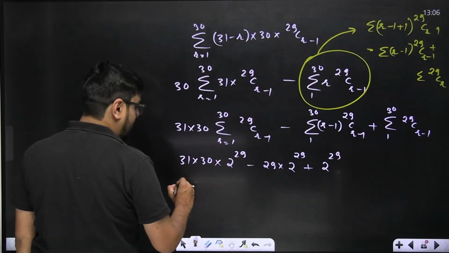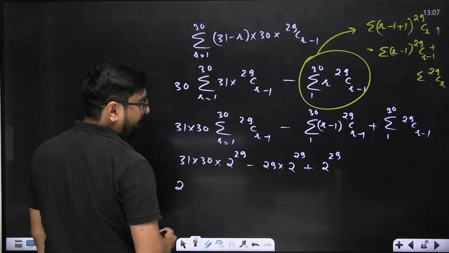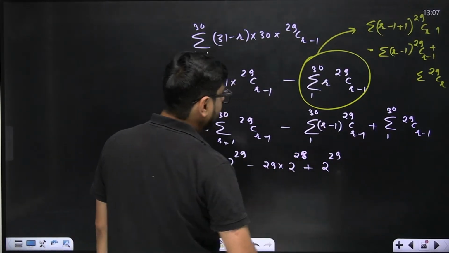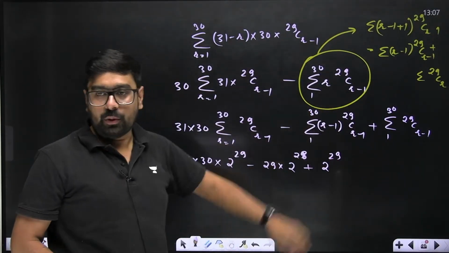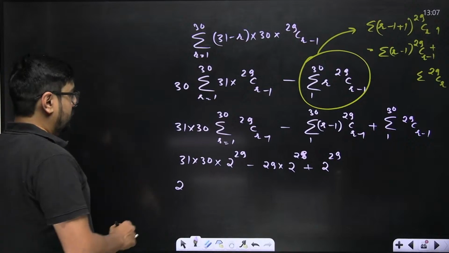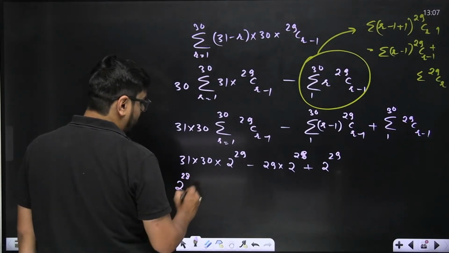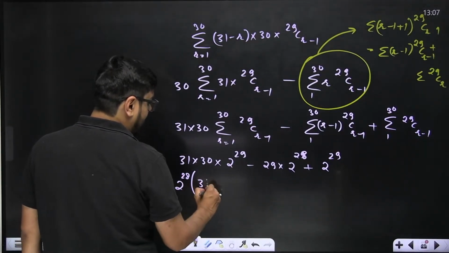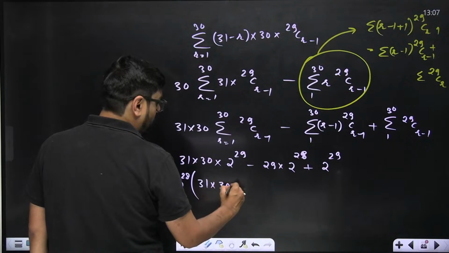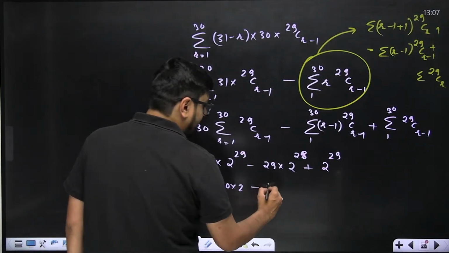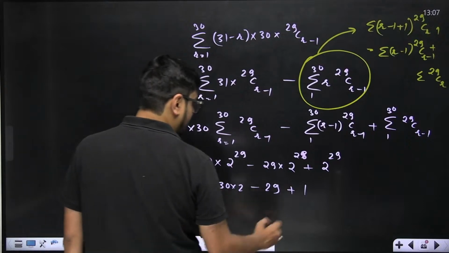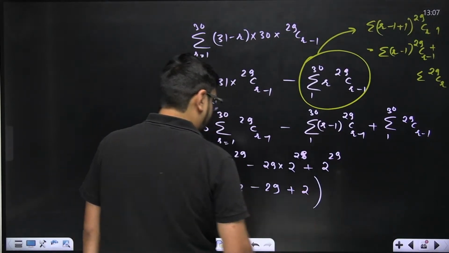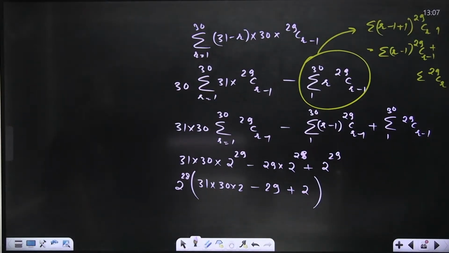So from this whole thing, we'll take first 2 to the power 28, here it was 28. N into 2 to the power n minus 1, 29 minus 1 will be 28. Right, 2 to the power 28 will be taken common from all of these. So we'll get 31 into 30 into 2 minus 29 plus 1 plus 2. This is what we are getting.